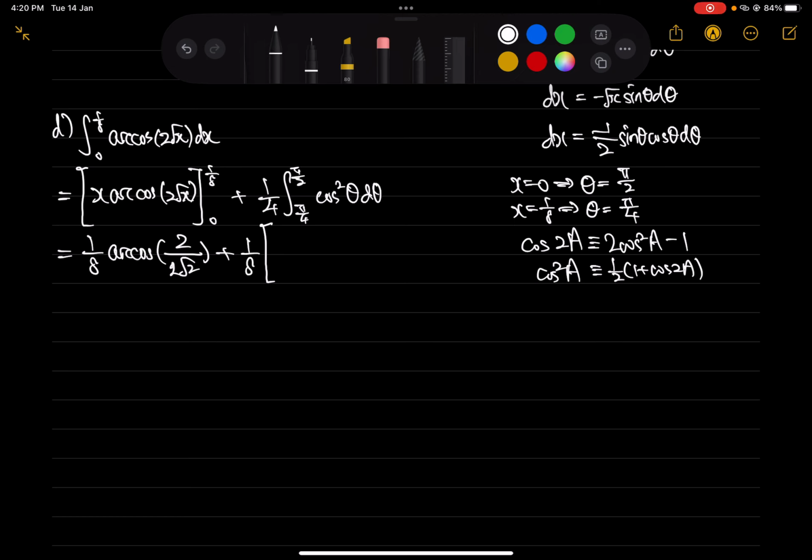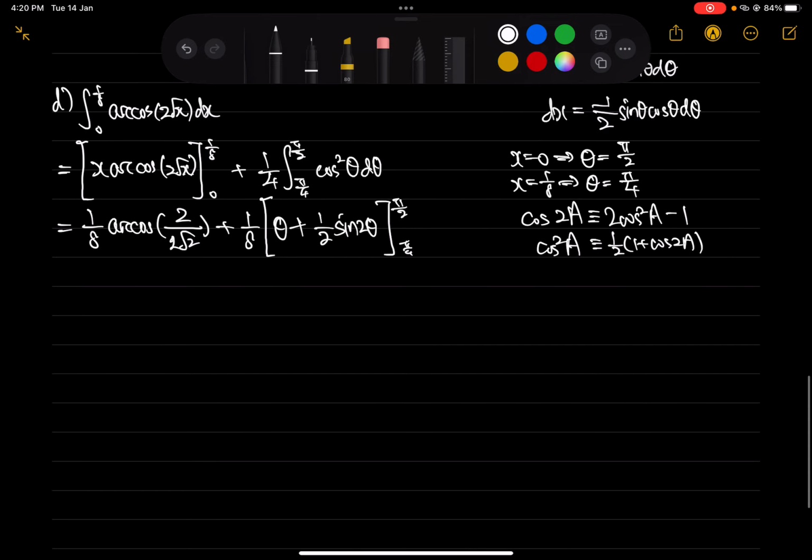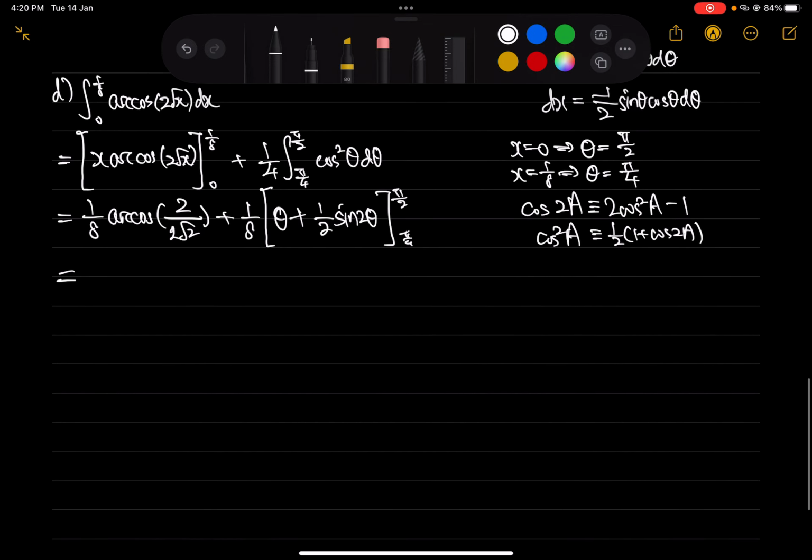And 1 plus cosine 2 theta integrates to theta plus 1 over 2 sine 2 theta from pi over 4 to pi over 2. And this bit, well, without the calculator, that's just arc cosine root 2 over 2. So that's pi over 4.